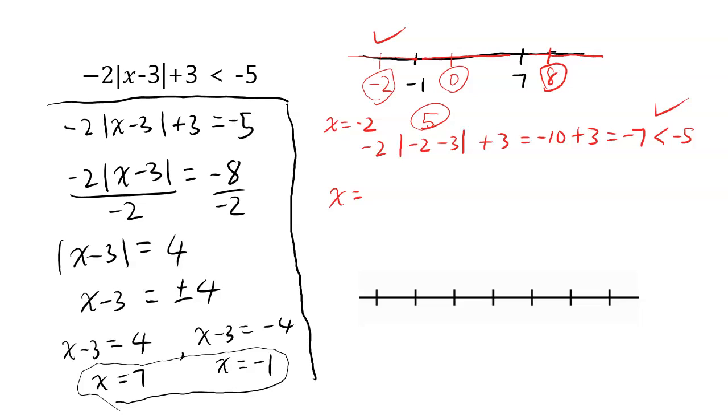However, you have x equals 0. X equal to 0 would be -2 times the absolute value of 0 minus 3, plus 3. Then this is +3. 3 times -2 is -6, plus 3, that's -3. And that is not less than -5. This is bigger than -5.